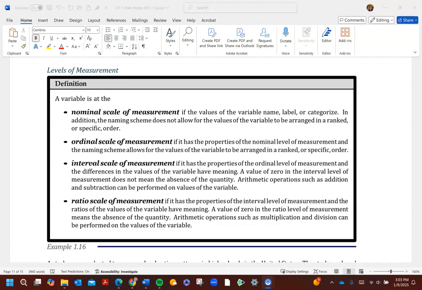Interval scale is a little bit tricky to differentiate sometimes from ratio scale. So interval would be like temperature. There's no true zero, that it doesn't mean absence of something. Like think Celsius. 0 Celsius doesn't mean nothing is happening.